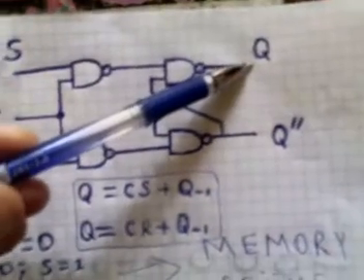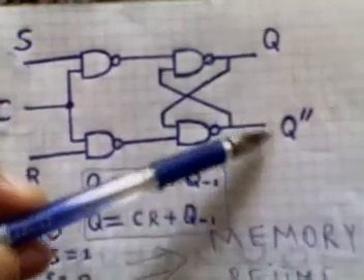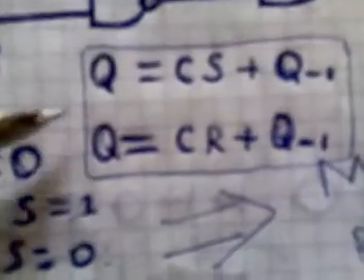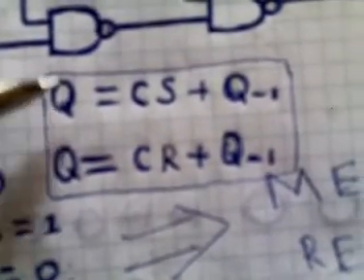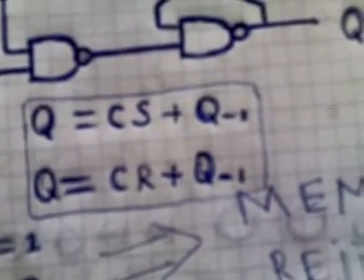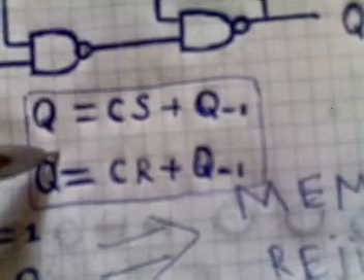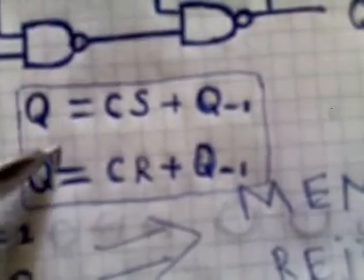And we have two outputs, non-inverting and inverting. These are our equalities: this is our non-inverting output, and this is our inverting output.